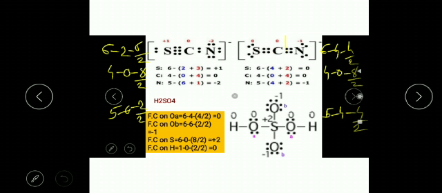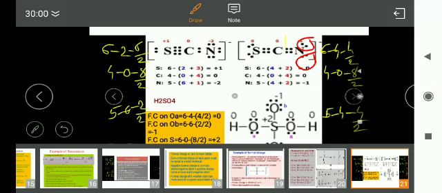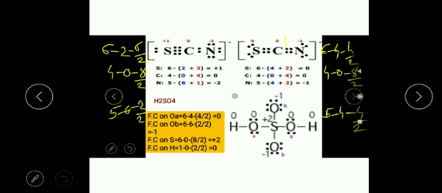For nitrogen, valency is 5, minus 4. These lone pair electrons are 4, and minus 4 bond pair electrons, divided by 2. So the answer is minus 1. So in the comparison between these, which is more stable?